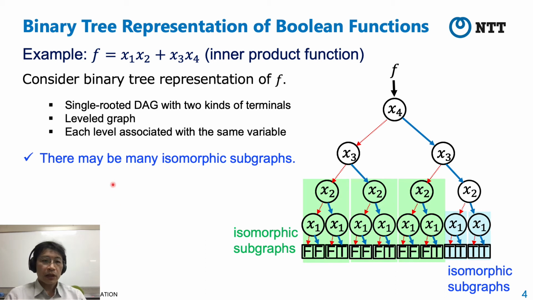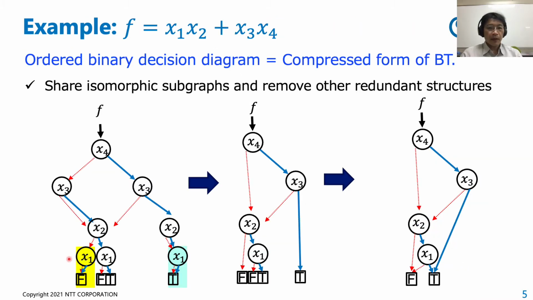As you can see, there may be many isomorphic subgraphs in the binary tree representation. For instance, these three green subgraphs are isomorphic and blue subgraphs are isomorphic. The basic idea of OBDD is compressing the binary tree by sharing isomorphic subgraphs and removing other redundant structures according to some fixed rule.